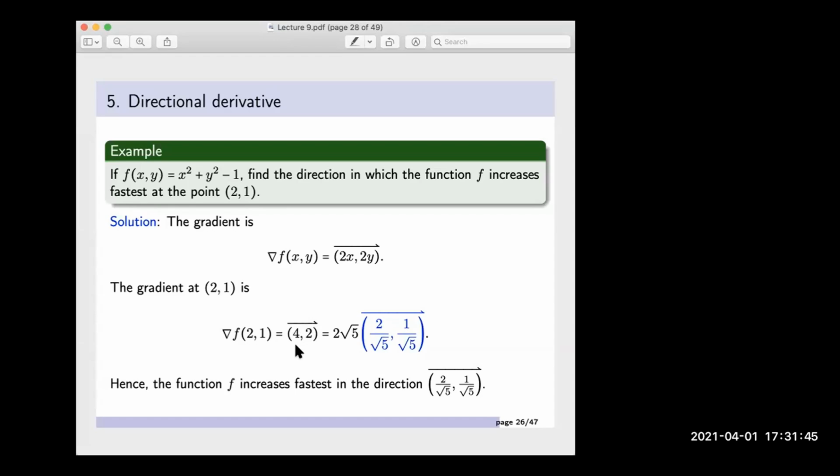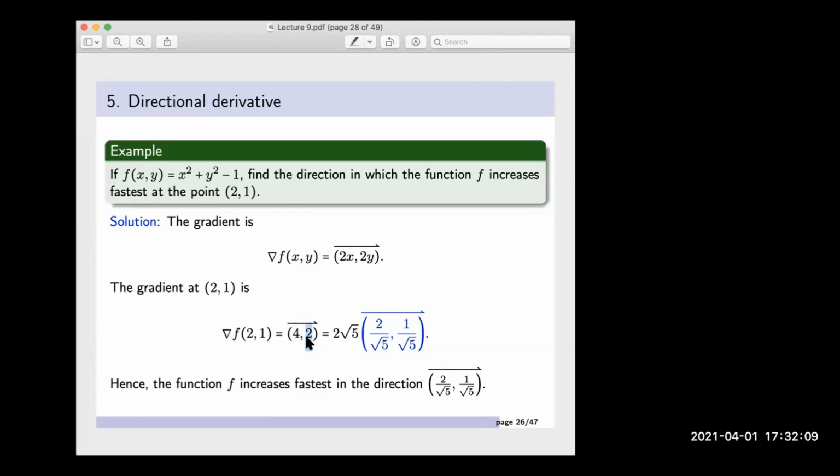The vector divided by its length is a unit vector. So what's the length of this vector? The length of a vector can be calculated by the Pythagorean law. It's the square root of the sum of squares of the two components. It's the square root of 16 plus 4.